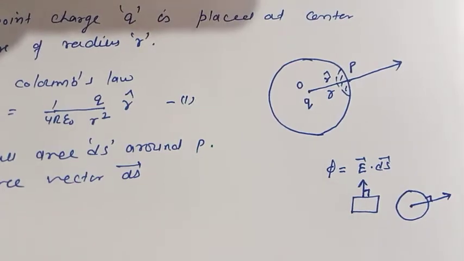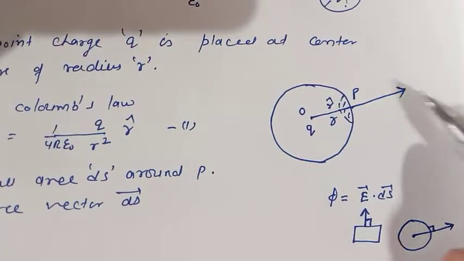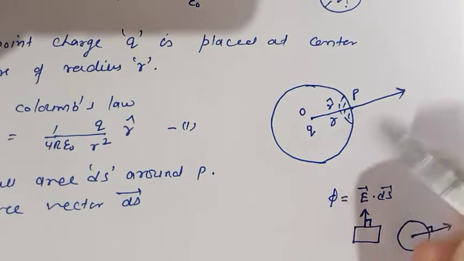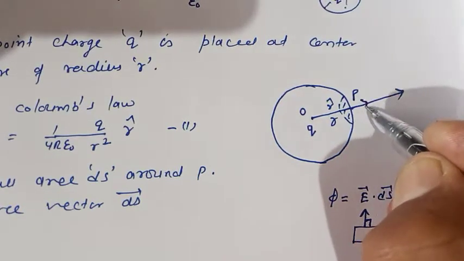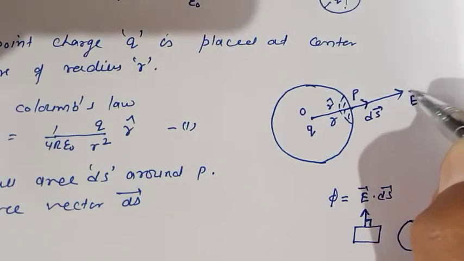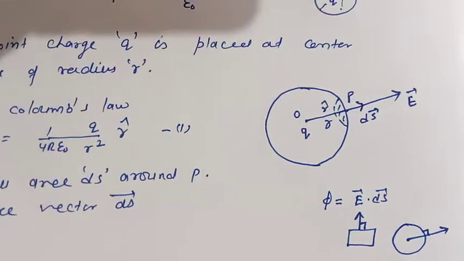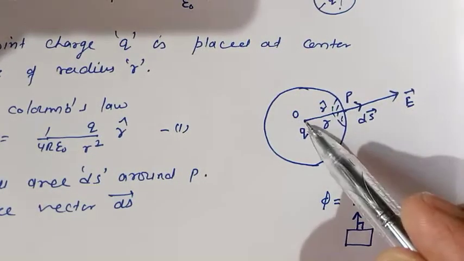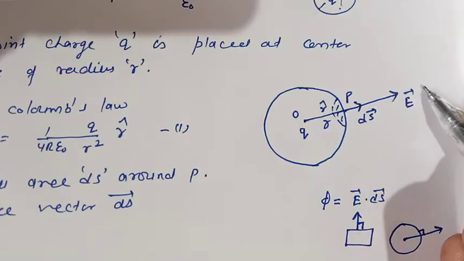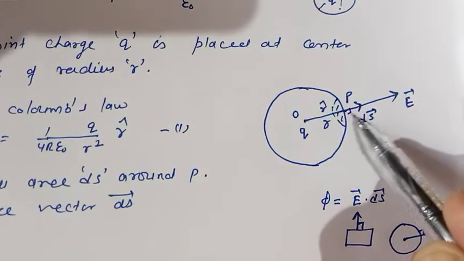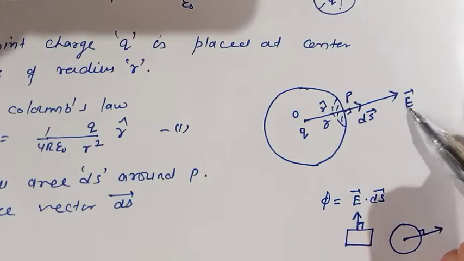So here, if you draw the area vector at this point, its direction will be along E, that is, along the electric field. Why? For a positive charge the electric field is radially outward, and the area vector is perpendicular to the area, so both have the same direction.